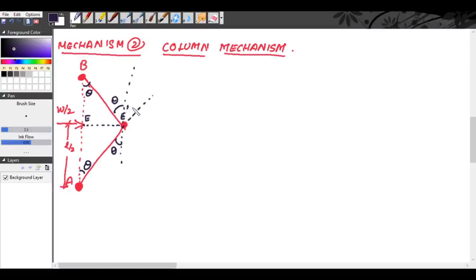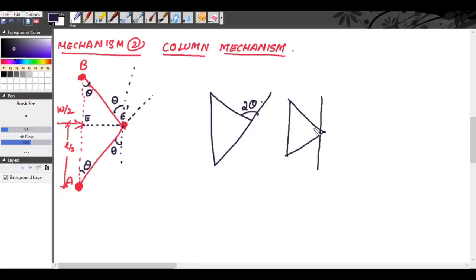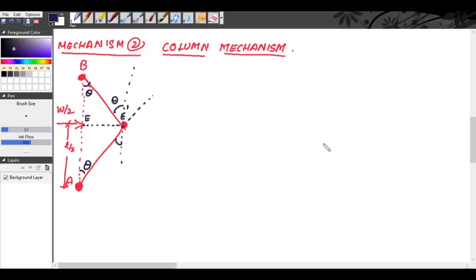Otherwise you can take this whole angle as 2 theta, or you can draw a line parallel to this. So this is theta, this is theta. Anyway, you can take. Okay, we will take this as theta.